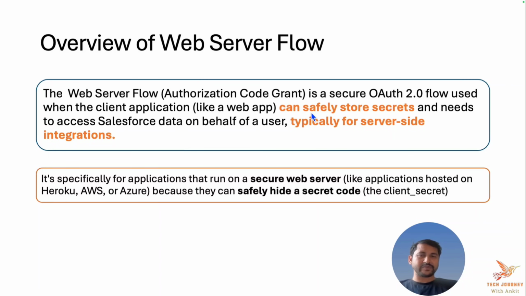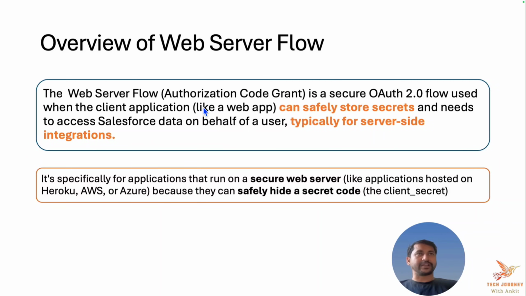Client id is something which will act like a username, but the client secret is something which acts like a password, right? If you are doing the integration with a client application which is capable of storing the secret, and then by sharing those secrets they can access that data, then you should go for the web server flow.